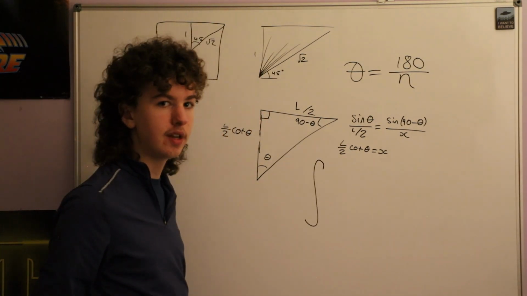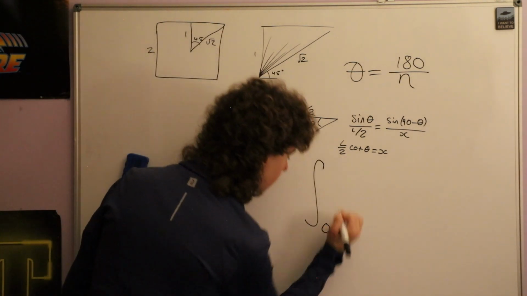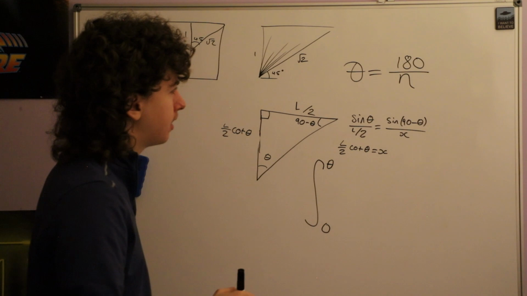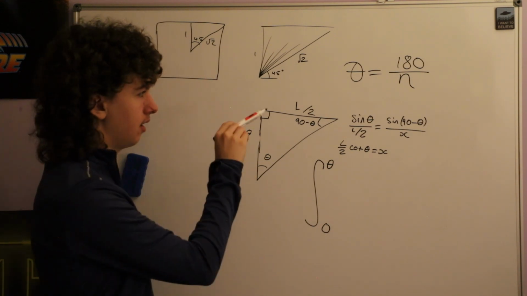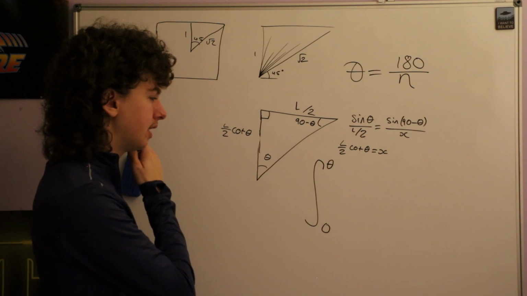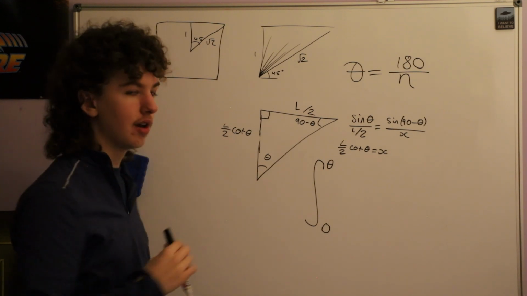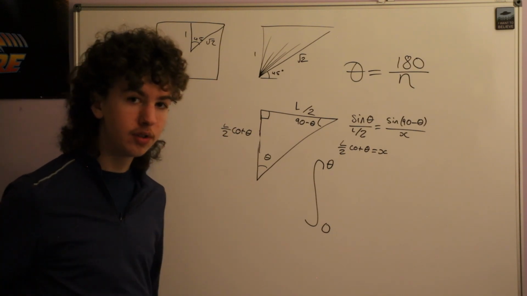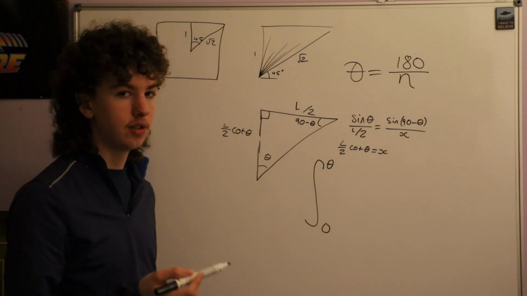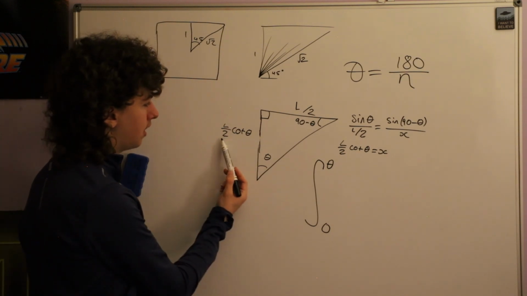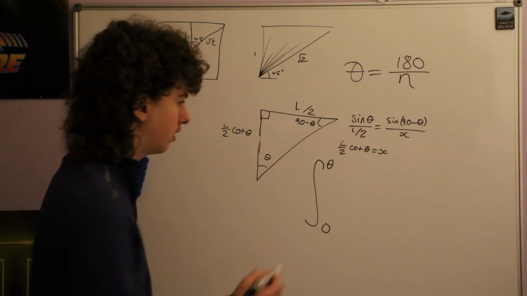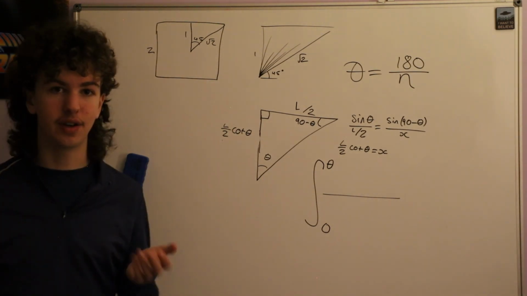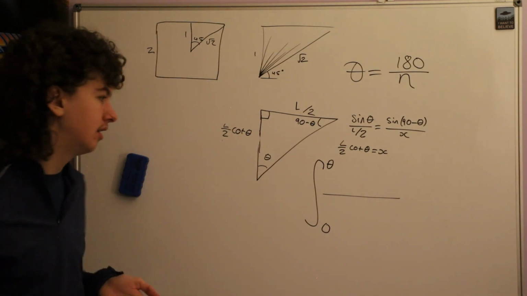I think we're ready to express our final integral. We're always going to be integrating between 0 and our theta, in any case. Now, our theta is 180 over n, and we know that in previous examples our hypotenuse is equal to our adjacent over our cosine, and now our adjacent is expressed in theta as well, with a variable L for the length of our side, which doesn't really matter.